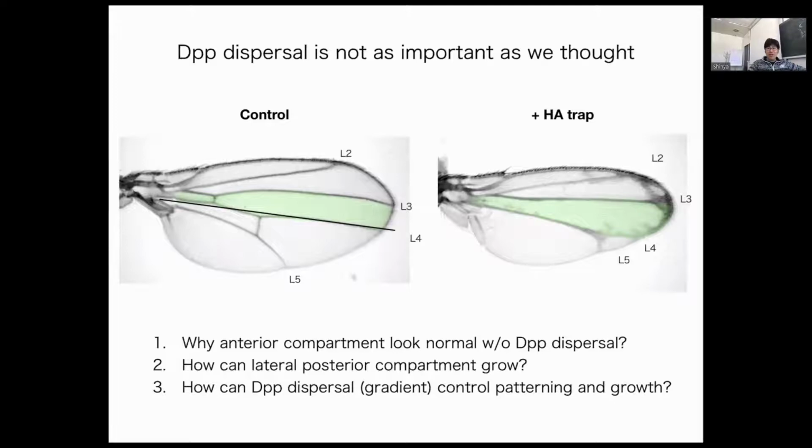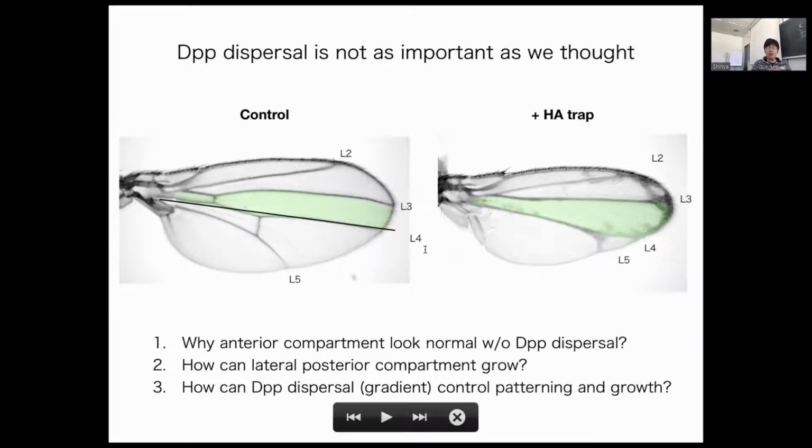And clearly, the also important question is that DPP dispersal is still important in the medial region of the posterior compartment, but how this gradient controls, we still don't know. So the previous concept was that DPP dispersal controls everything.